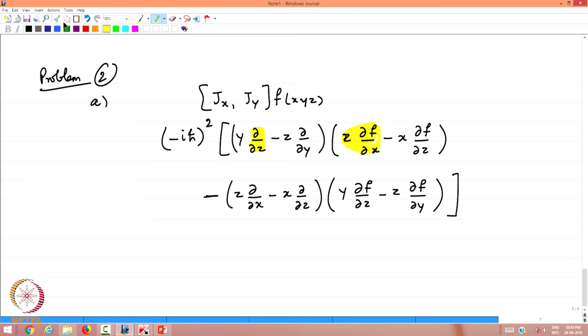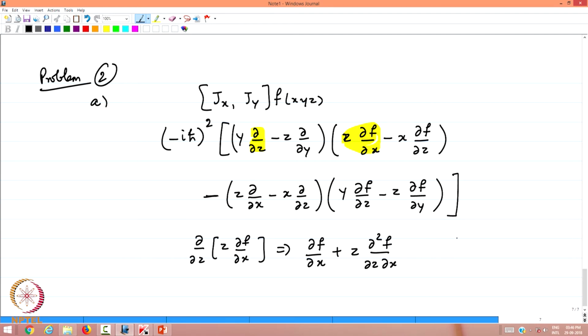So, the only thing that you have to be careful about in writing this term is that ∂/∂z acting on z ∂f/∂x gives you ∂f/∂x, because that is left over when the derivative acts on z, and the other term is z ∂²f/∂z∂x.